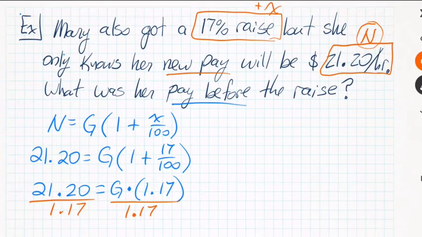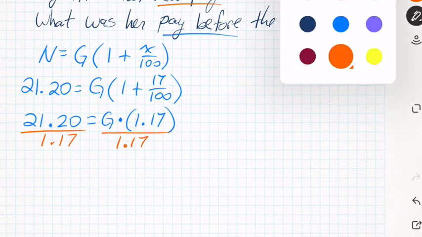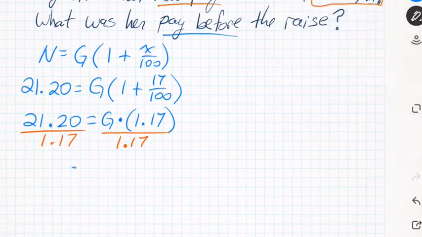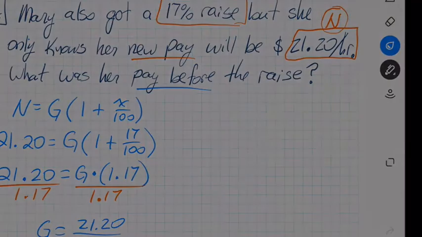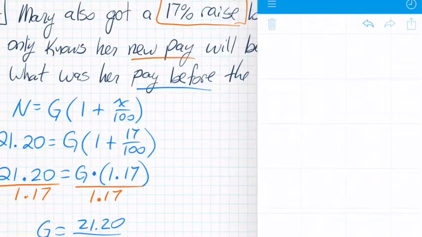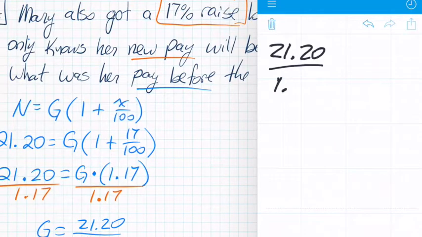And when I do that, I'll get G by itself, and therefore I'll know the old value. So G is going to equal 21.20 divided by 1.17. Let's see what my calculator says. So 2120 divided by 1.17.